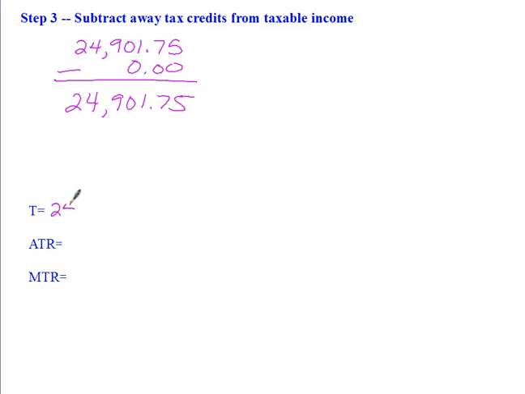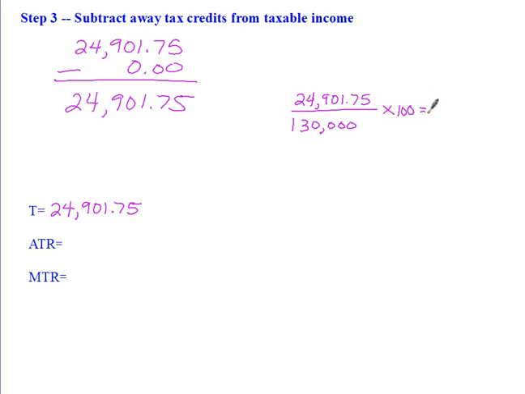Taxes owed, $24,901.75. Average tax rate is, remember how we calculate that. We take the $24,901.75 divided by the $130,000 of income that the guy earned.